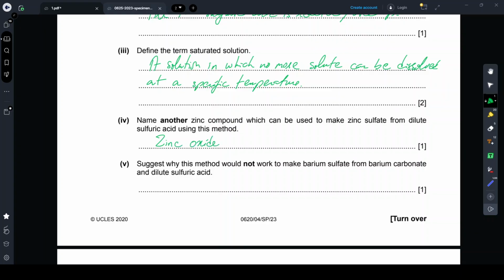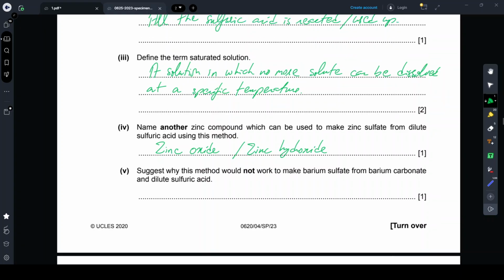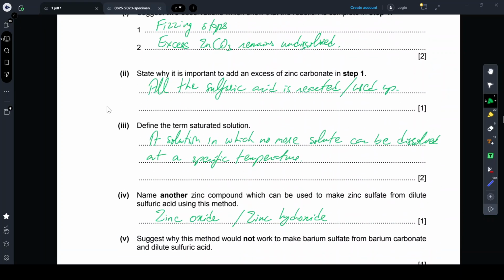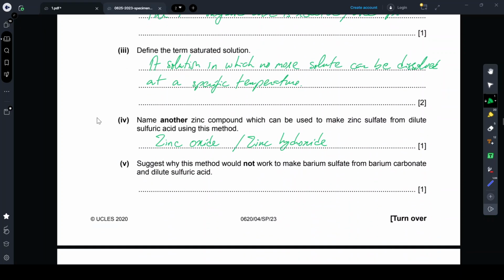The other option is zinc hydroxide. Good. That was quick.